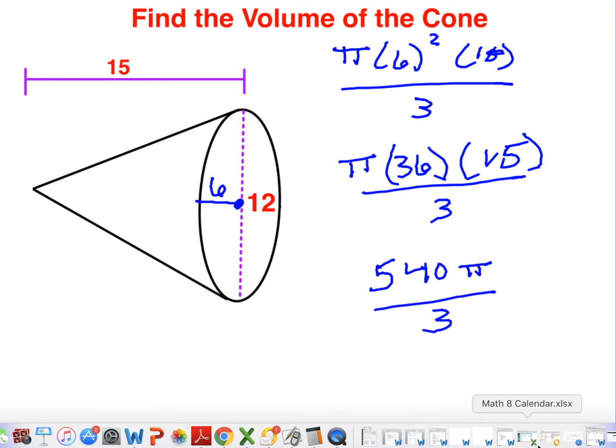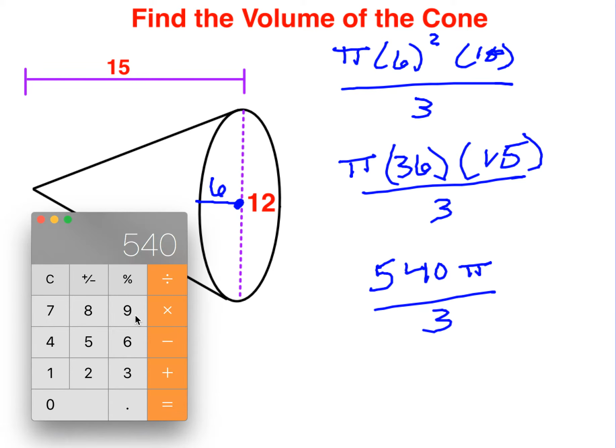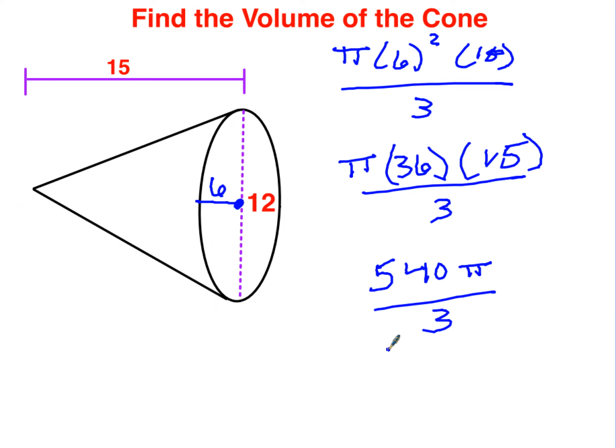So now I can do 540 times pi. So I'm going to multiply that by 3.14. I'm going to get 1,695.6. So I need to copy that down again so I don't lose my place. 1,695.6.